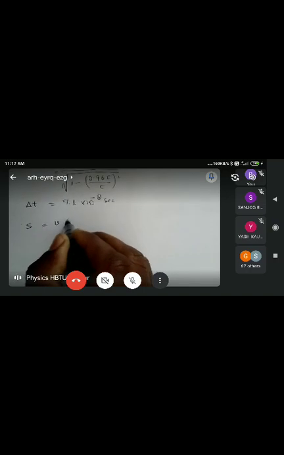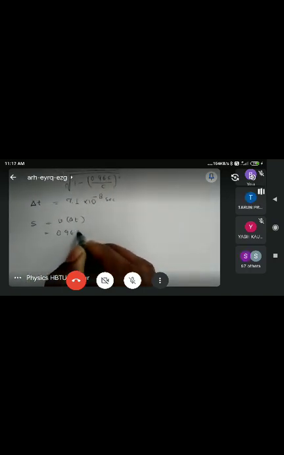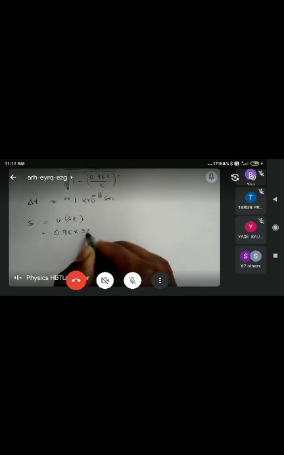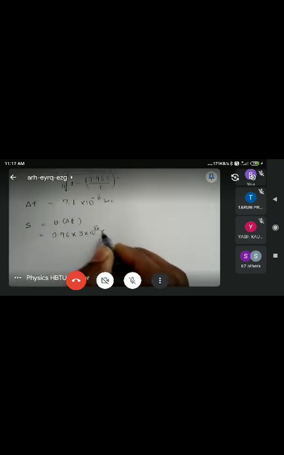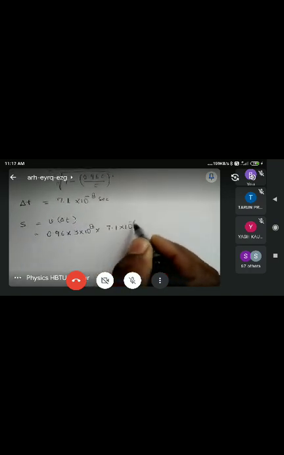velocity into this time. सर वही हम लोग 7.143 ले रहे थे, इसीलिए वो फैक्टर ज्यादा आ जा रहा था। ठीक है ना? Okay, so 0.96 times c into delta t, which is 7.1 into 10 to the power minus 8.